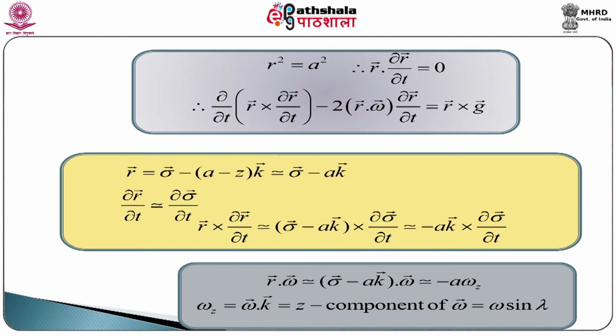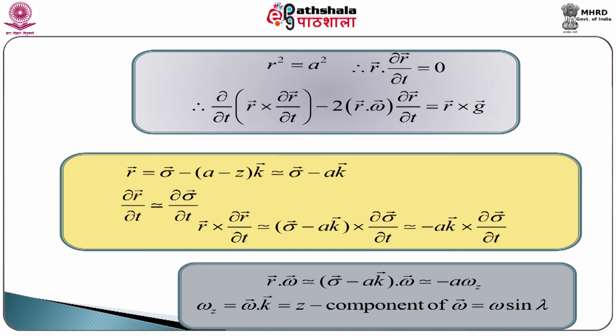We know that r square equals a square, where a is constant. So, if we take the partial derivative of r vector with respect to time t, we get r vector dot del r vector del t equal to 0.